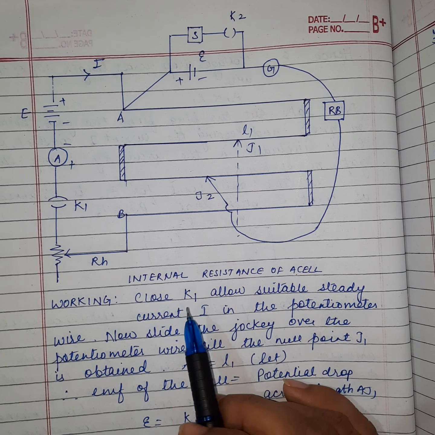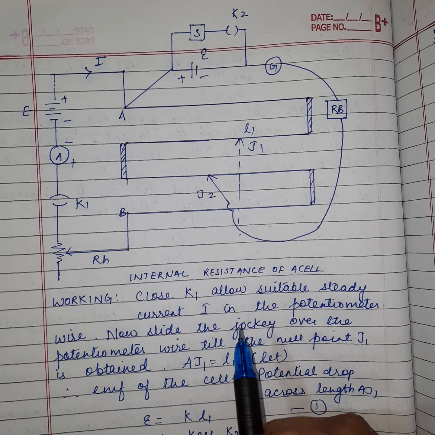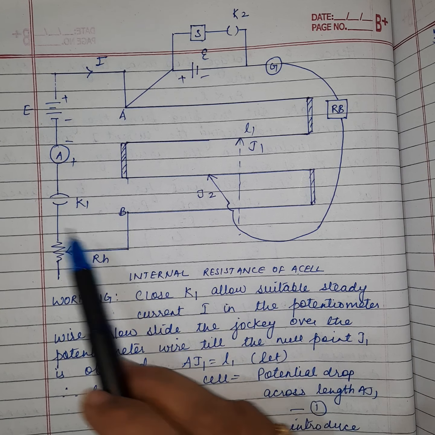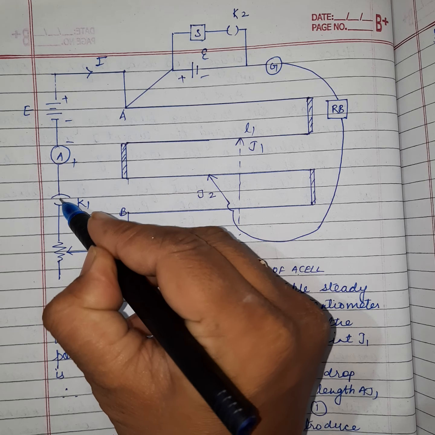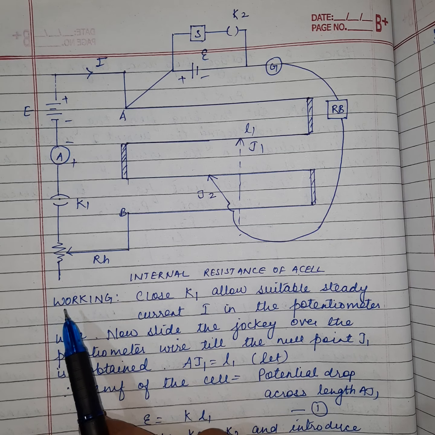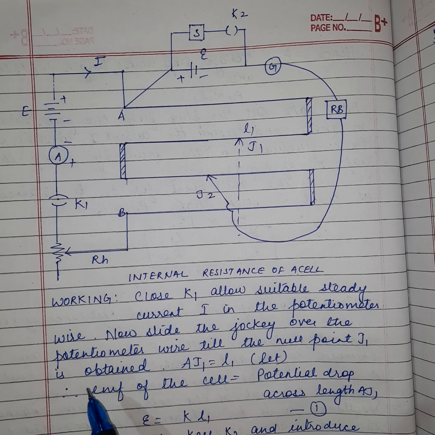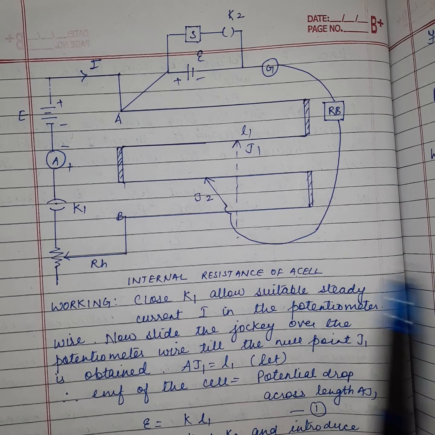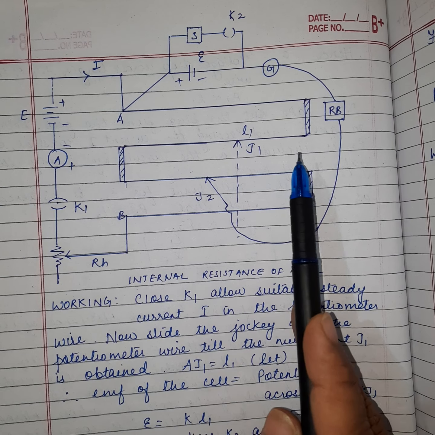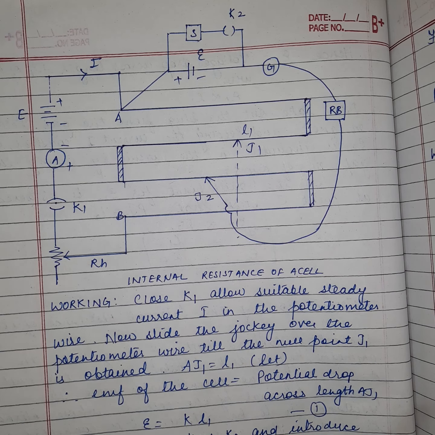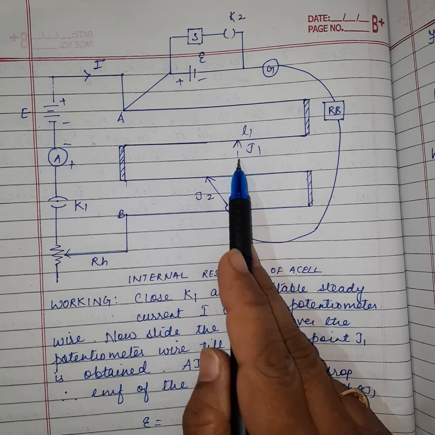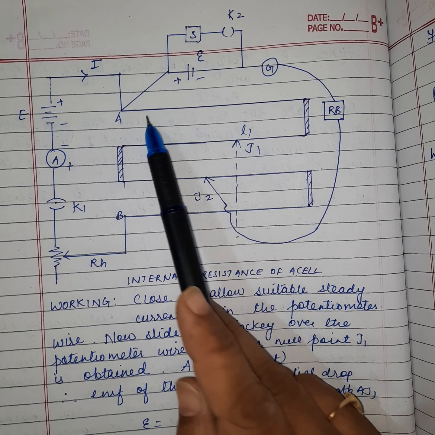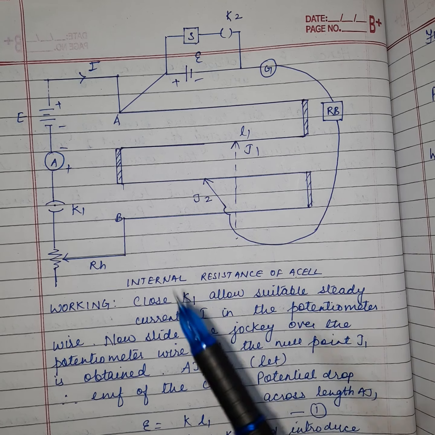Now the working. For working of the potentiometer to find the internal resistance of a cell, we close key K1 and allow a suitable current I in the potentiometer wire. Now we'll slide the jockey over the potentiometer wire till a null point J1 is obtained, and we find AJ1 is equal to L1.